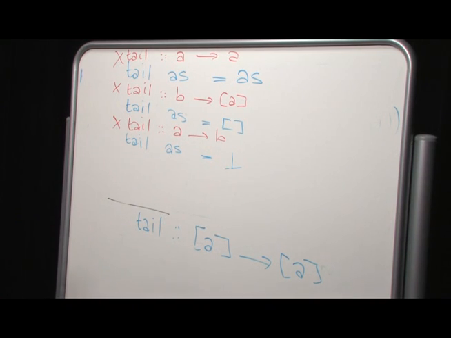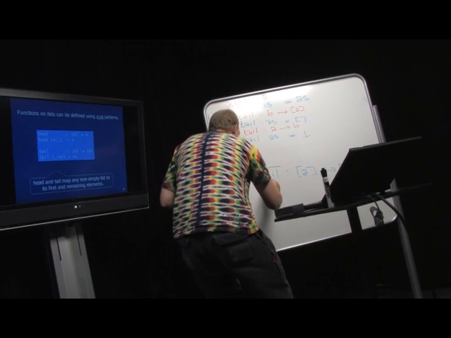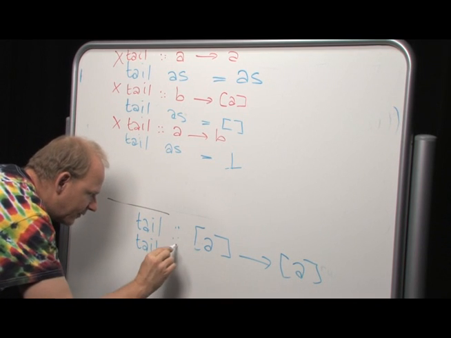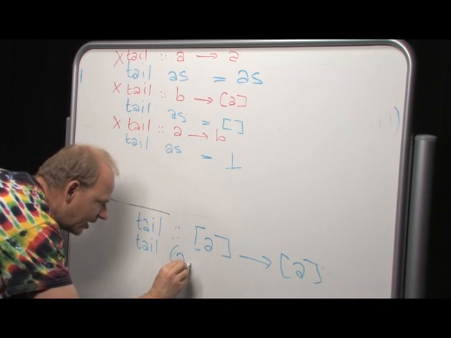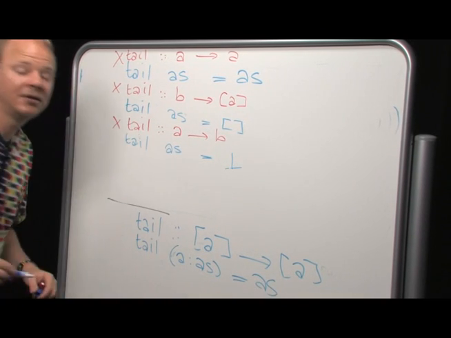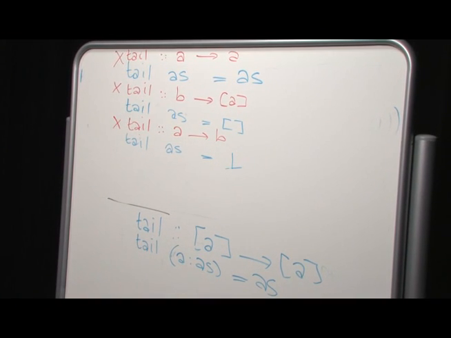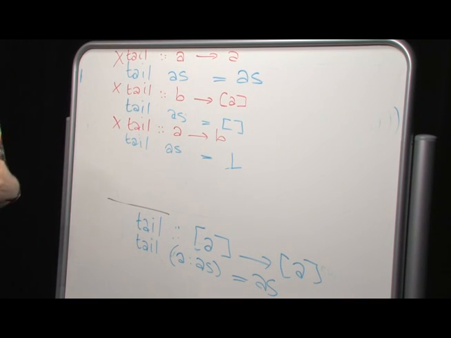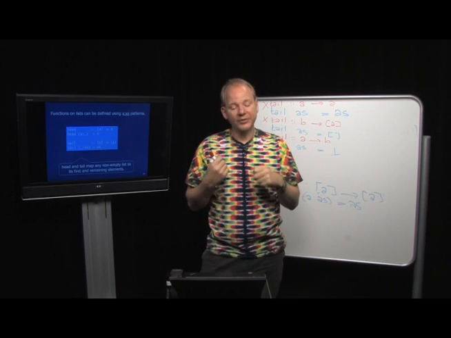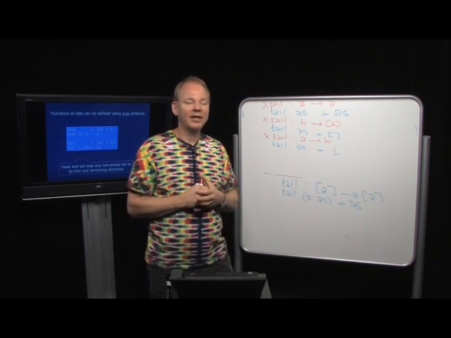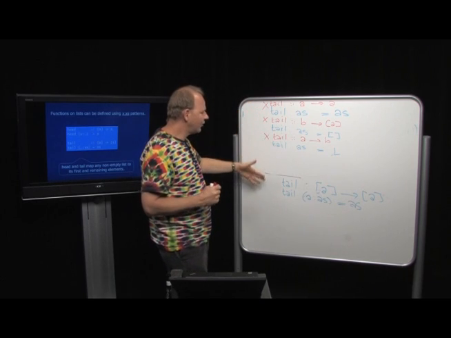So by just inspecting the type, really the only reasonable choice that I can make for tail is this: if I have a list of A's followed by A's, I return the tail. And this might look like trivial reasoning, but one of the real deep values of a pure functional programming language like Haskell is that you can really trust the types.